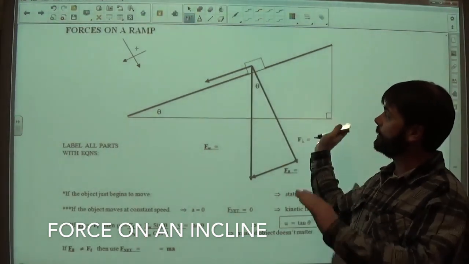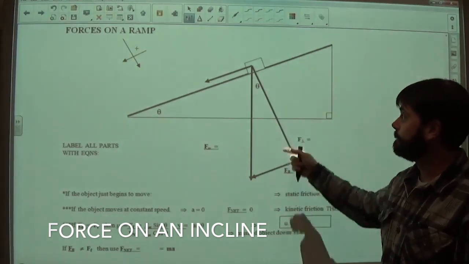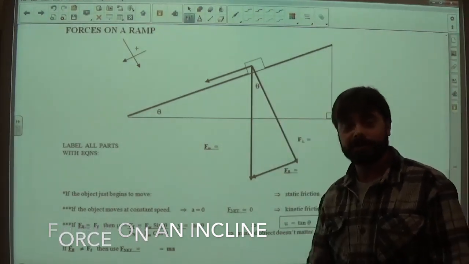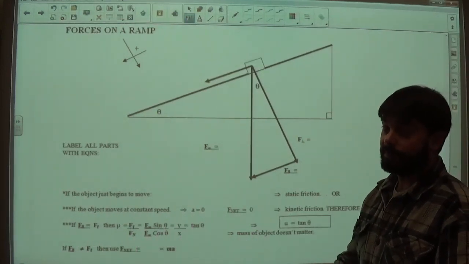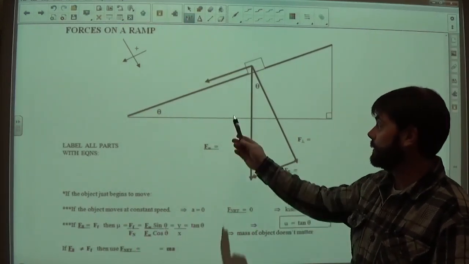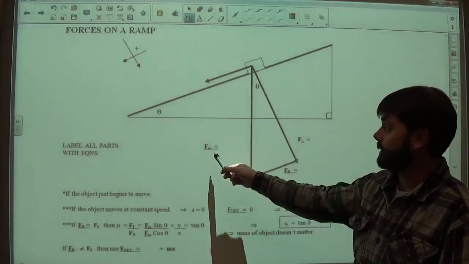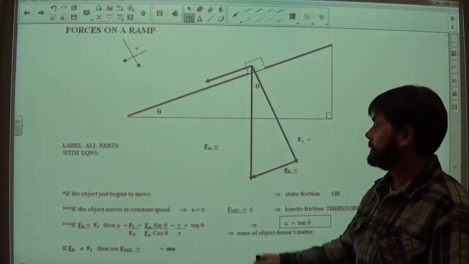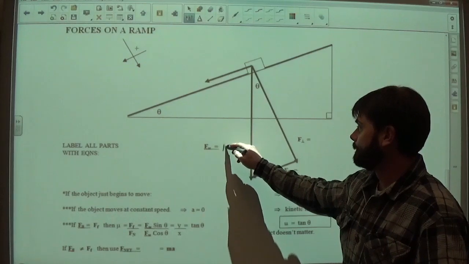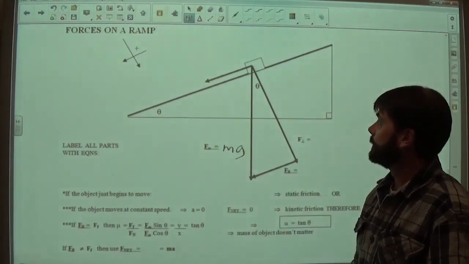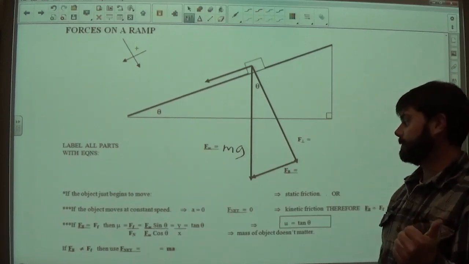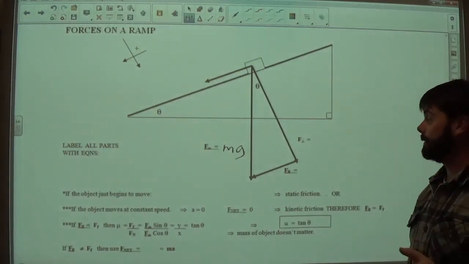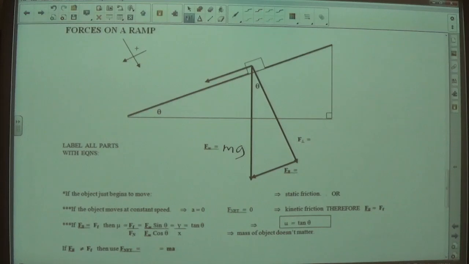So what we end up doing is, if you have something sitting on an incline, we've got to use a little bit of the trigonometry that we've been learning to try to figure out some of these forces and some of these vectors. So you'll see that the hypotenuse of this triangle is equal to F_w, which is always going to be the same as mg. So whatever the mass of the block is multiplied by the acceleration of gravity, that's basically what we've got there. So that one's probably the easiest to figure out.